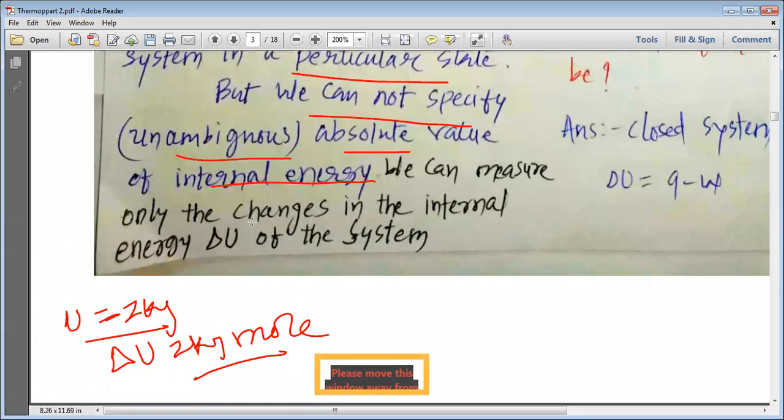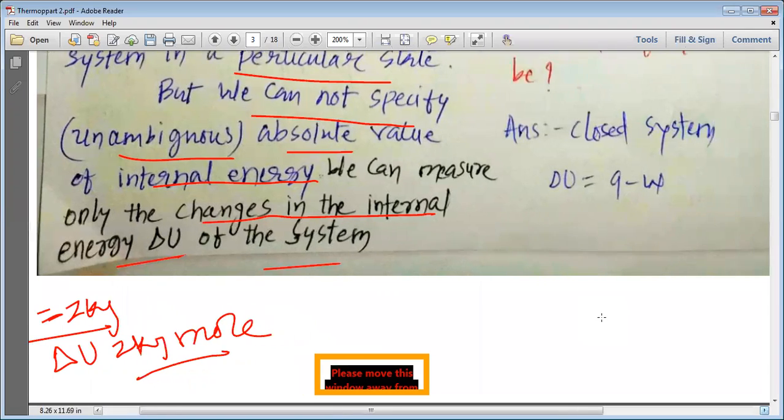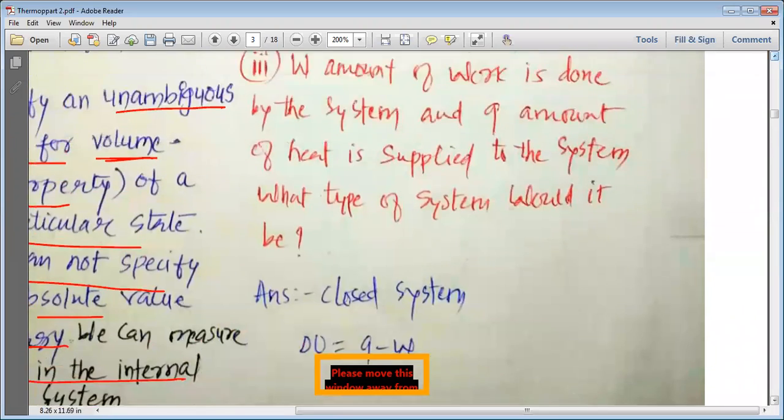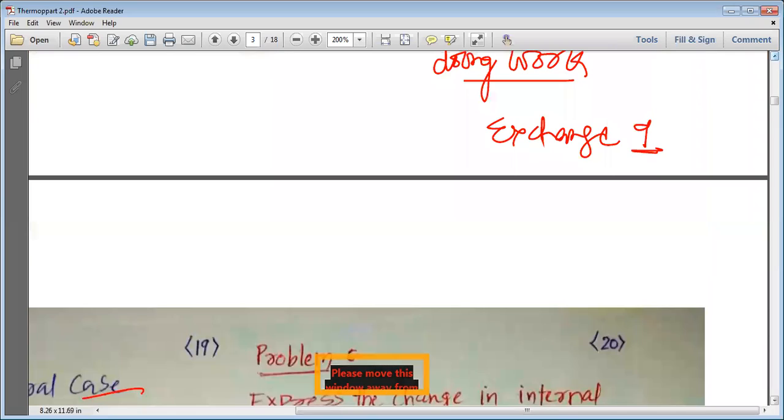We can measure only the change in the internal energy of the system, but we cannot write the absolute value for the internal energy, my dear students. This is how we truly understand the internal energy.